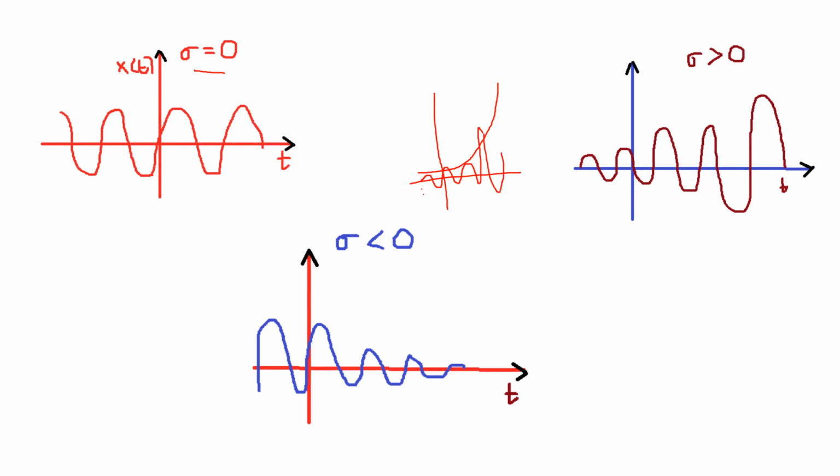Next, sigma less than 0 is the decaying exponential. If we multiply the decaying exponential with e power j omega t, we'll get the waveform like this. In this way, we'll get these three types of waveform for complex exponential.